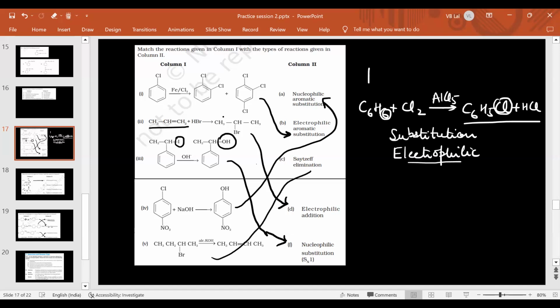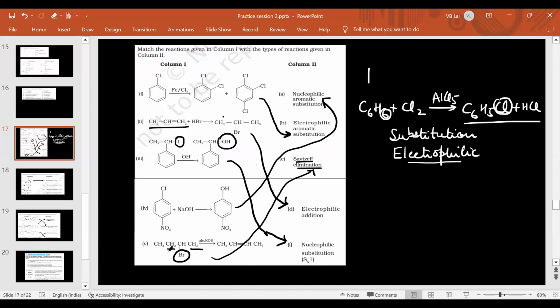And in elimination, I have told you the rule, it is Saytzeff's rule. What does Saytzeff's rule say? That the hydrogen will always be eliminated from that carbon which has less number of hydrogen atoms. So here, hydrogen is not eliminated from this carbon, it is eliminated from this. So you will get 2-butene.